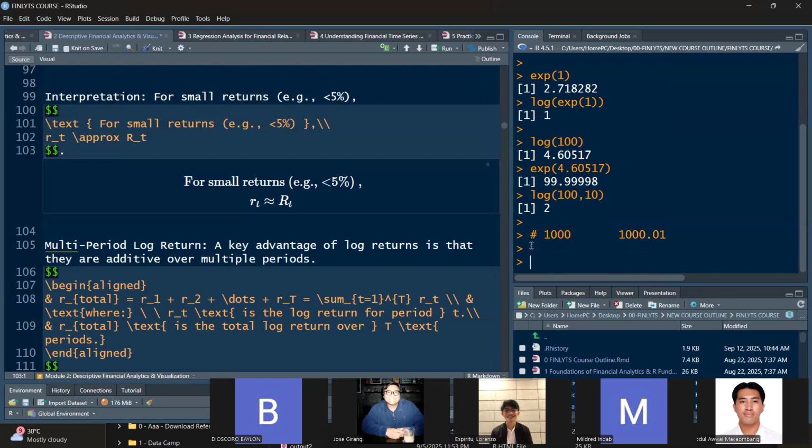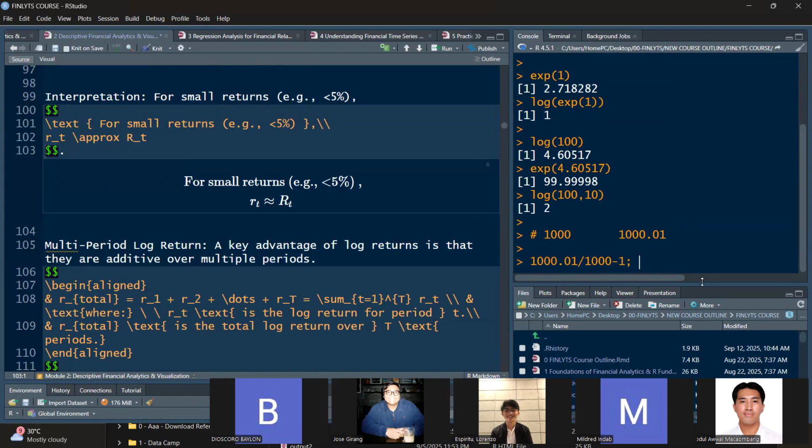I place a hashtag, which means it's a comment, so that it will not return an error. For the simple return, class, it's the price now, Control C, divided by the price yesterday, Control C, Control V, minus 1.